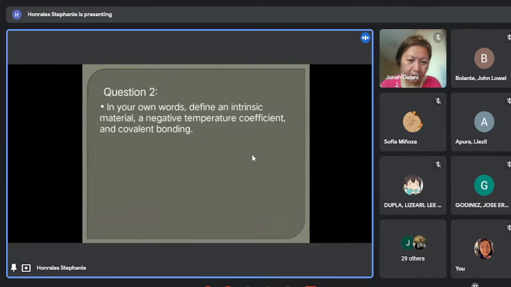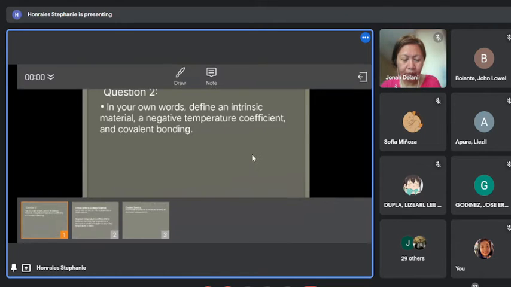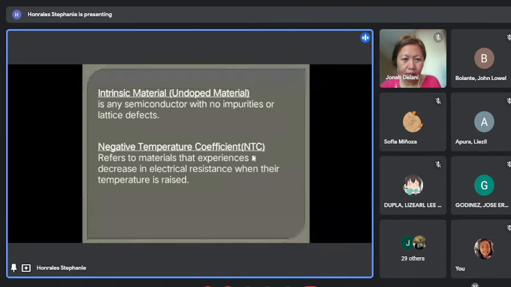So, question 2. In your own words, define an intrinsic material, a negative temperature coefficient, and covalent bonding. So, an intrinsic material or undoped material is any semiconductor with no impurities or lattice defects.